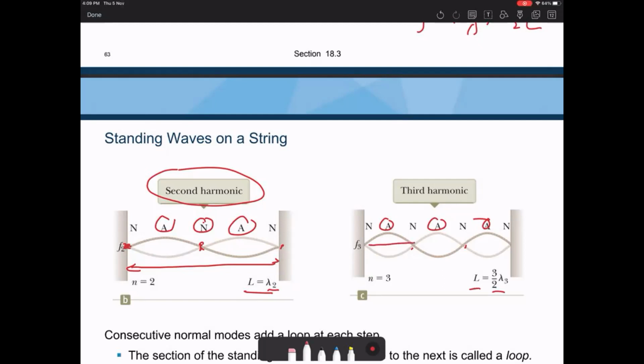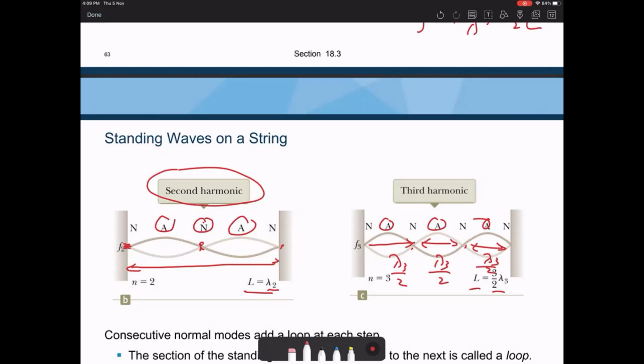Here, the distance is lambda 3 divided by 2, where lambda 3 corresponds to the third simplest scenario. This is lambda 3 divided by 2, and this is lambda 3 divided by 2. So altogether, the length of the string should be equal to 3 lambda 3 divided by 2.